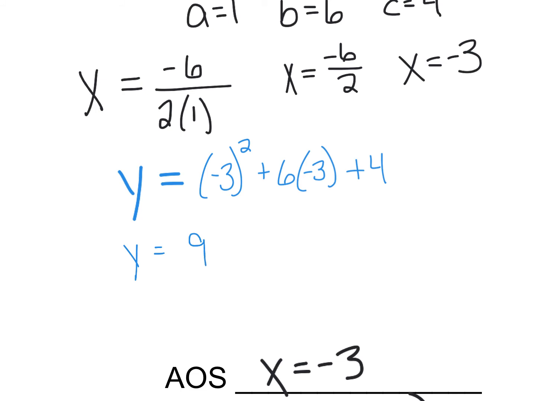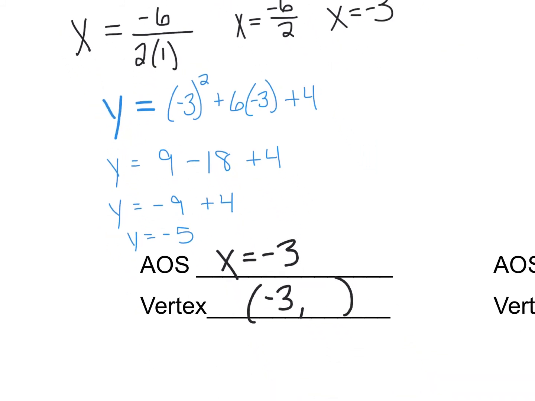And then it's 6 times negative 3, which will end up giving me a negative 18. And then plus 4. Then we can start adding and subtracting. 9 minus 18 will give me negative 9, and I still have that plus 4, so let's add that. Y is going to be negative 5. So instead of putting y equals negative 5, in my vertex, I'm just going to put negative 5 as my second answer.